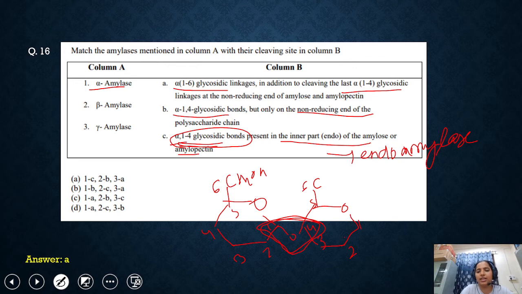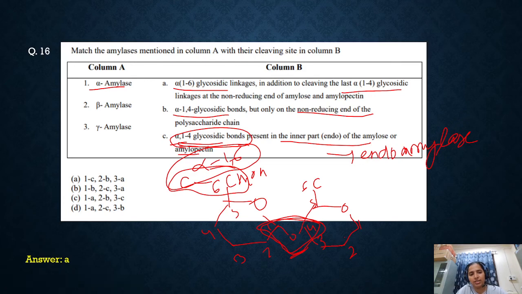This alpha and beta represent the orientation. In this, alpha bonds are present. If it breaks this bond, this is the alpha 1,4 bond, and if the bond forms here with the sixth carbon, then the breaking of this bond is called alpha 1,6. So you must know the difference between alpha 1,4 and alpha 1,6. This depends on the position of the carbon.